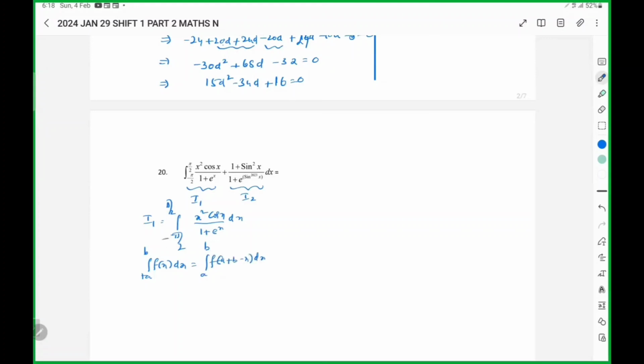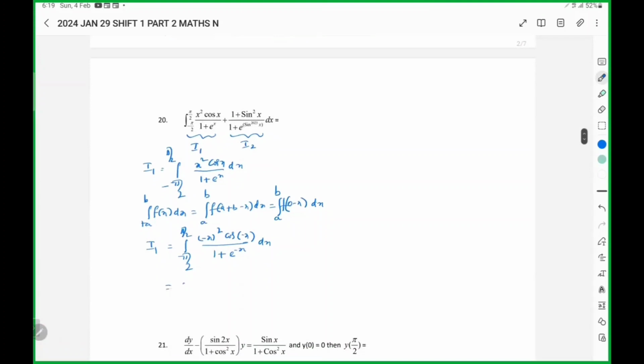Here a is minus pi by 2, b is pi by 2. Adding this means same I1, minus x whole square cos minus x by 1 plus e power minus x dx, minus pi by 2 to pi by 2.